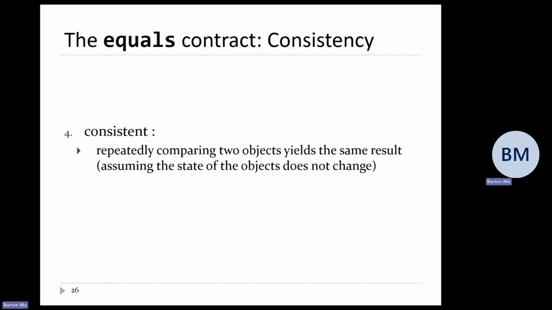And finally, consistency means that equals is not random. If you compare x and y, and you never change the state of x or y, then the answer is always the same: either the result is always true or always false, as long as you don't change the state of either object. If you change the state of the objects, then the result can change.